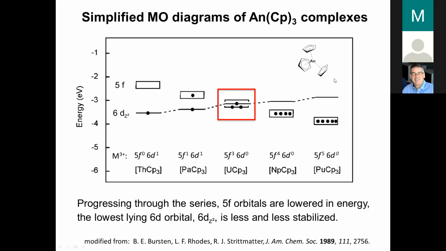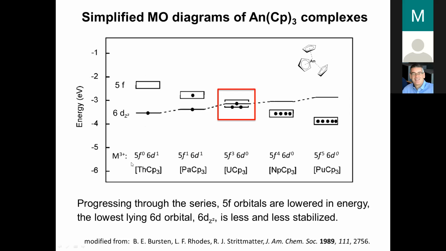The crystal field splitting of this particular ligand environment renders the dz squared orbital to be the lowest accessible d orbital that the f orbitals, or basically the electrons, could interact with. This leads to a calculated, I must say, ground state configuration for the thorium complex of 6d1, where the valence electron is actually placed in the d shell rather than the f shell.